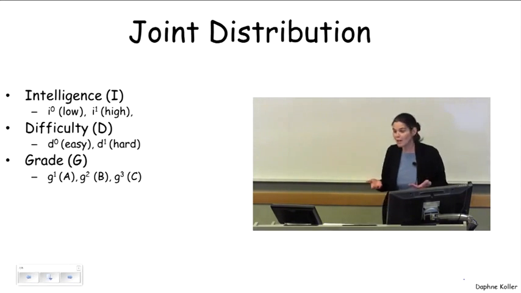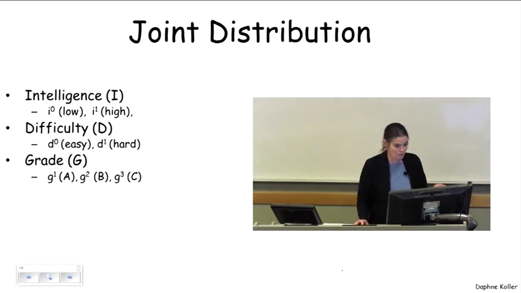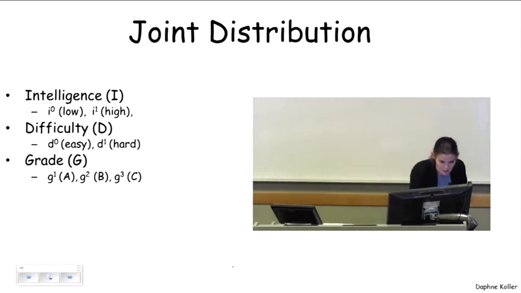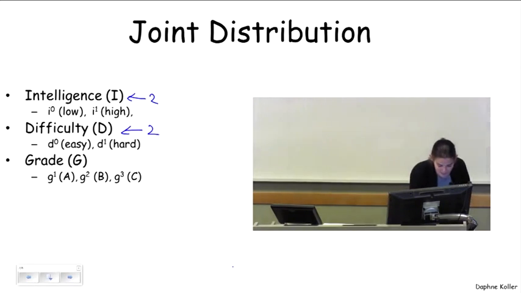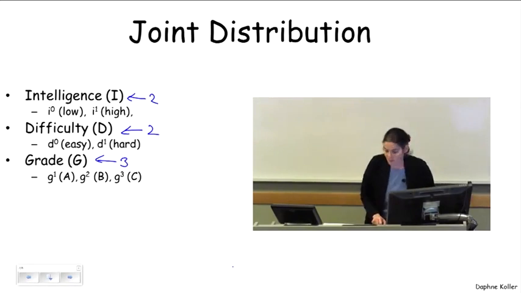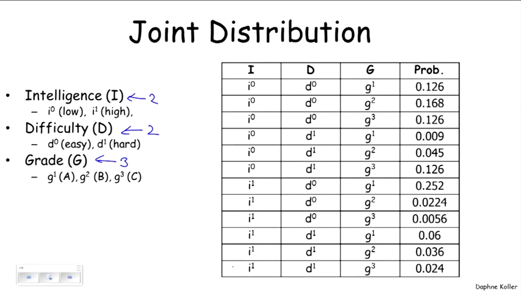The student is taking a class. The class might be difficult or not, so the random variable I has 2 values, the difficulty variable also has 2 values, and then there's the grade that the student gets in the course, and that has 3 values. In this case, we're going to assume A, B, and C. Now here's an example joint distribution over this set of 3 random variables. So this is an example of P of I comma D comma G. It's a joint distribution.